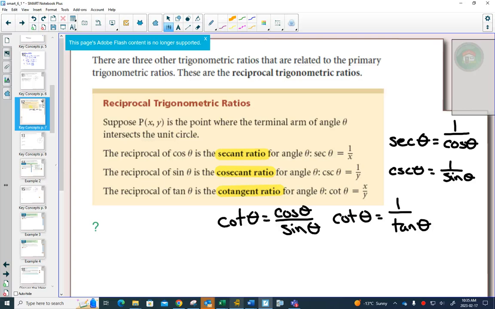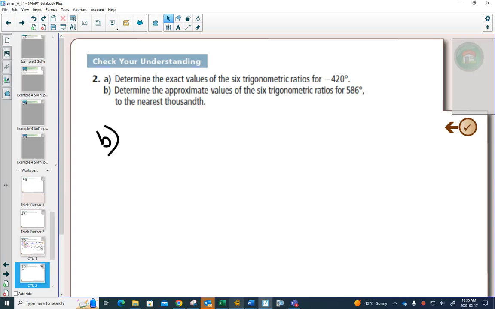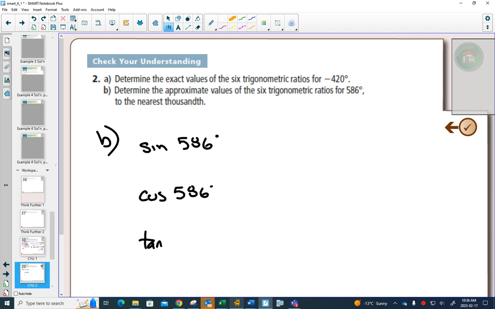So then in 2b, it says, write out the 6 trig ratios for 586 degrees. So the primary ones would be figuring out sine, cos, and tan.